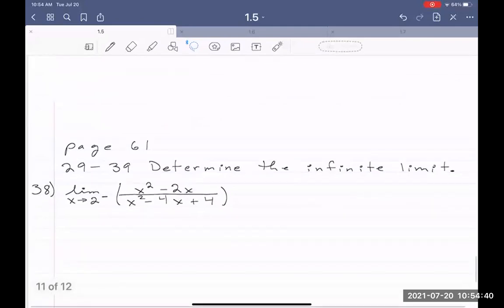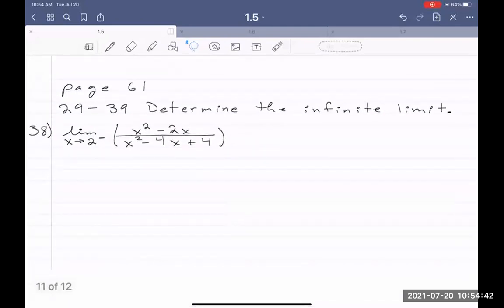Okay, so let's do an example. On page 61, in problems 29 through 39, determine the infinite limit.